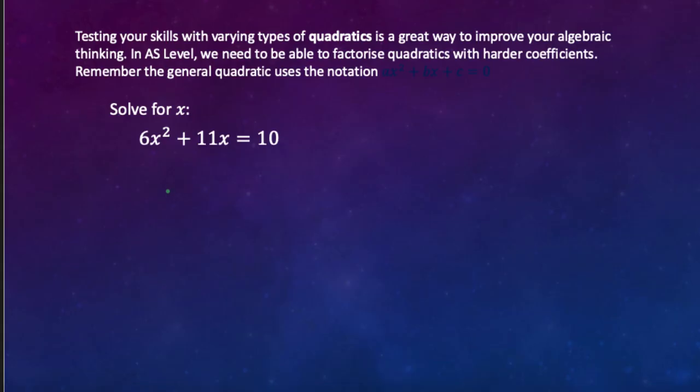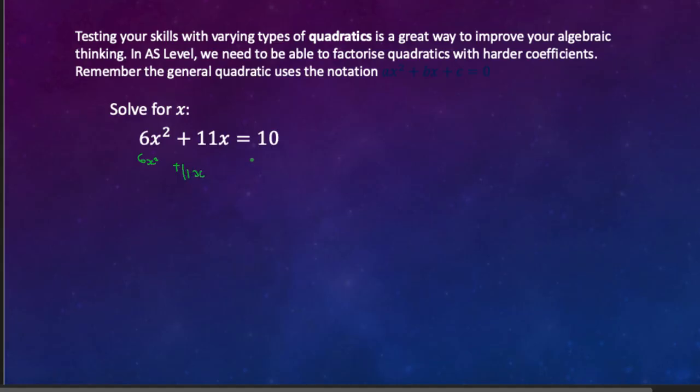So what we do, okay, here it is. So what we do, we can say 6x squared plus 11x.